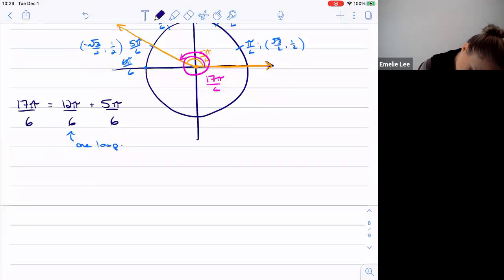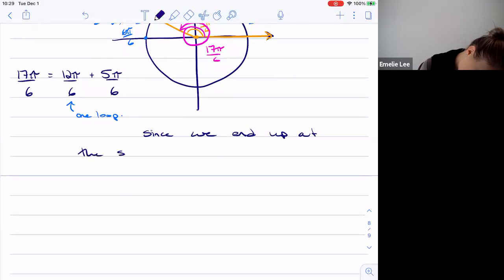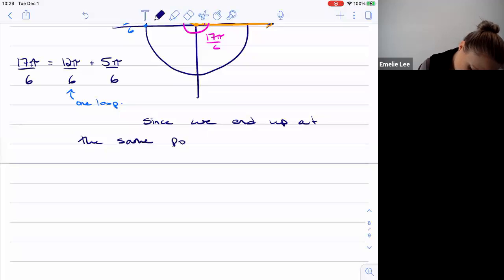Okay. So since we end up at the same point, these angles are coterminal.